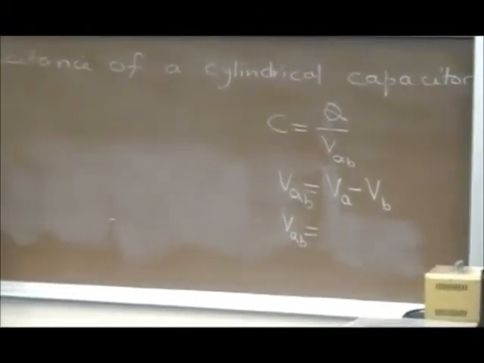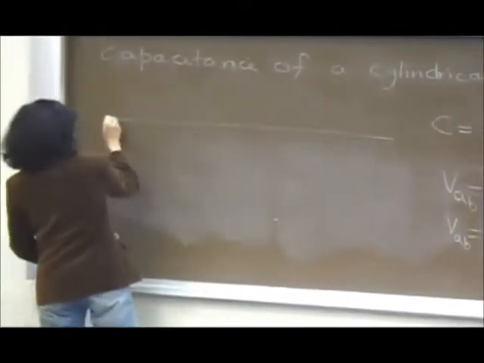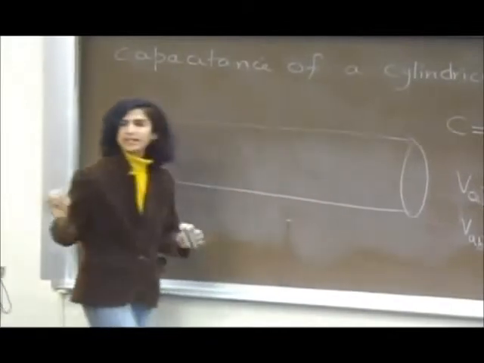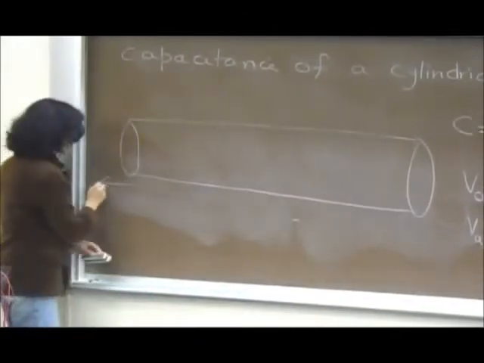Now we need to figure out what is this thing for a cylindrical capacitor. So again, we are always going to make this, so this is one metal cylinder, and we are going to always make this approximation that these cylinders are infinitely long.